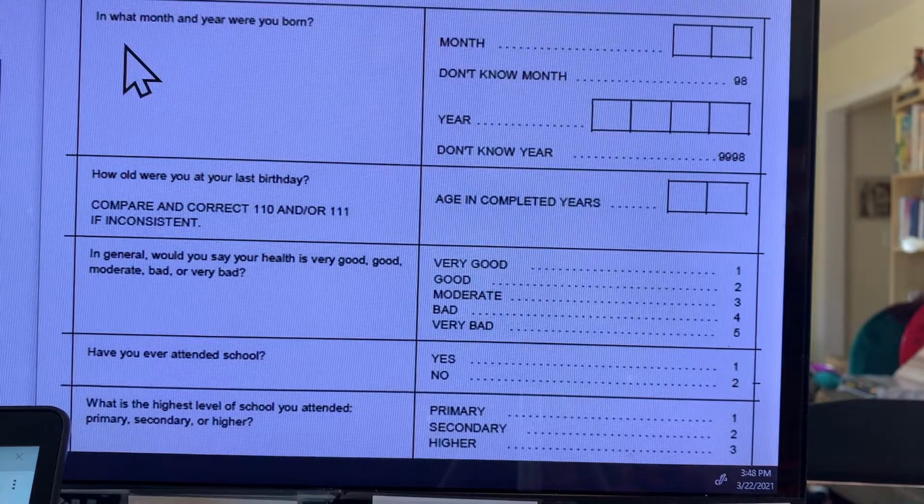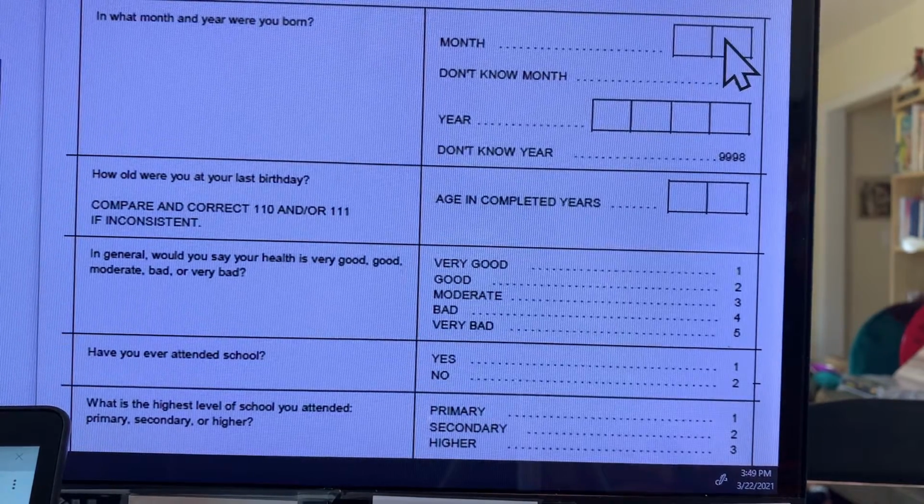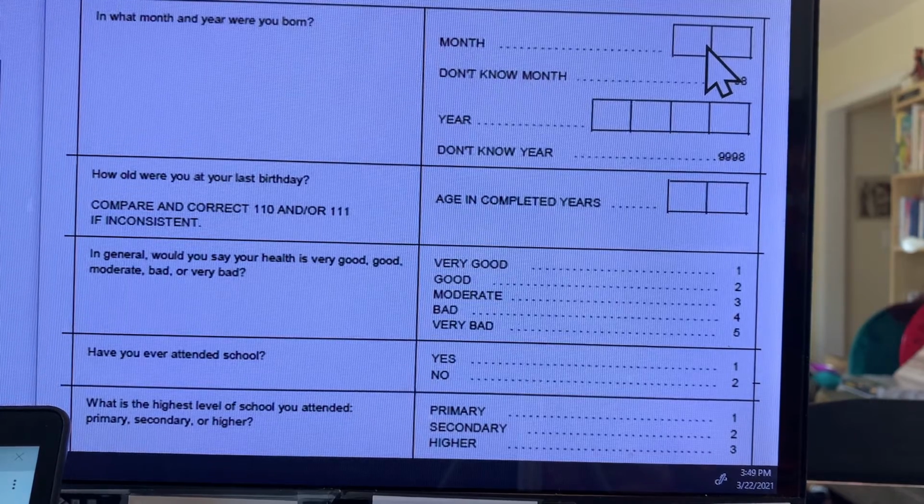Okay, here you have a question: in what month and year were you born? So you can see here that you are adding the boxes where you have months. As you can see clearly, there are two boxes, so they both have to be filled. If it's May, it will have to be 05, not only 5, because everything has to be, imagine if it's even digital, you have to make sure that every field is answered.